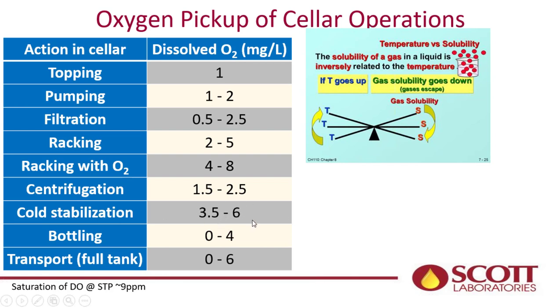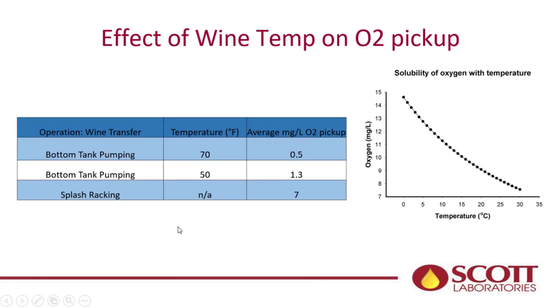That's because of the low temperatures that you do cold stabilization at. Also racking with O2. I'm a huge opponent of splash racking for a number of reasons. So if you look at the temperature of what you're doing things at, so if you're at 70 degrees, which is a little warm, I think, for most cellars, your average pickup for a wine transfer is about a half a part.